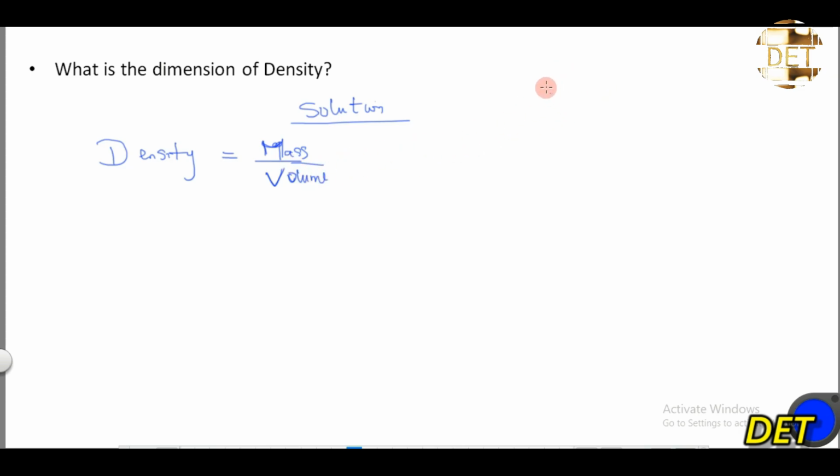So volume as a derived quantity, volume is equal to length times length times length, right? So the dimension for volume will be equal to L cubed. L times L times L will give you L raised to the power of 3, L cube, right? So the dimension for mass is M. Dimension for volume is L cube.